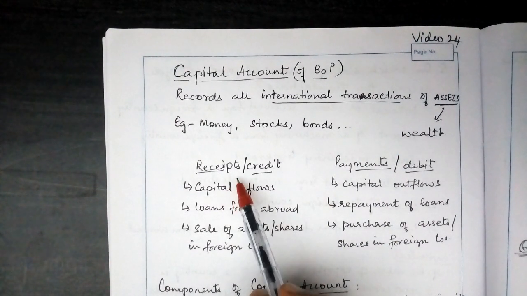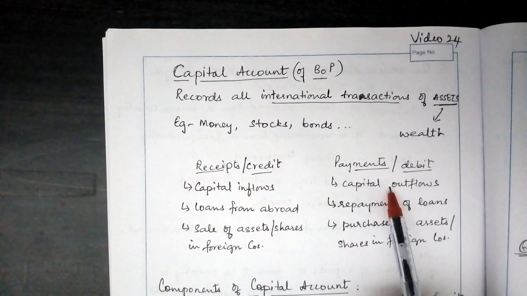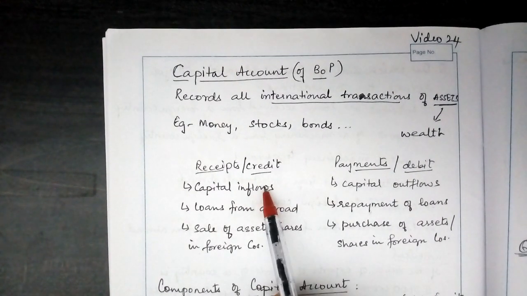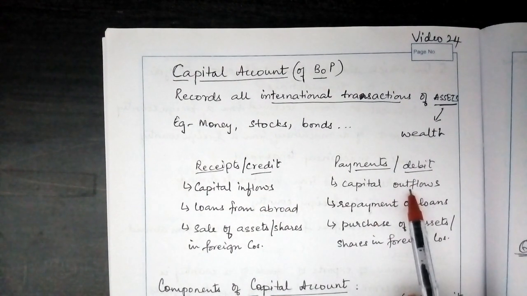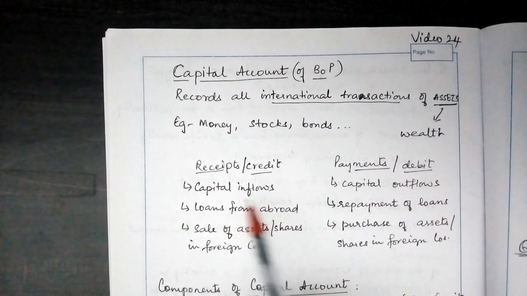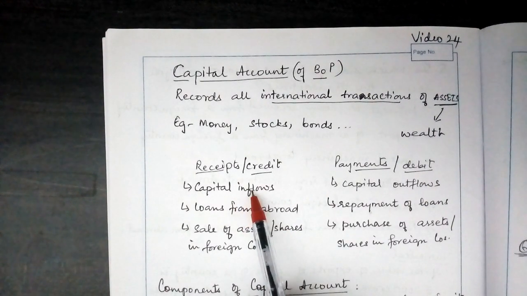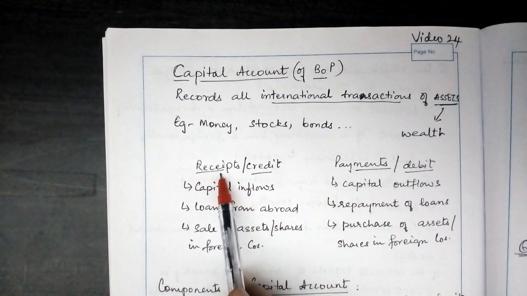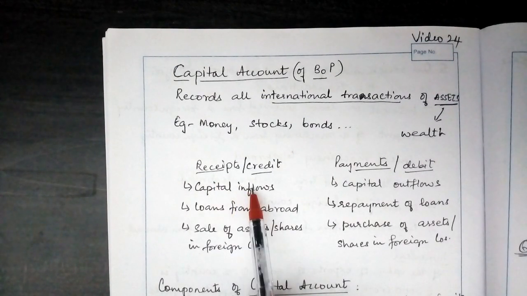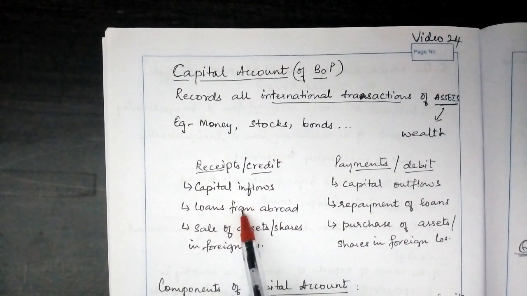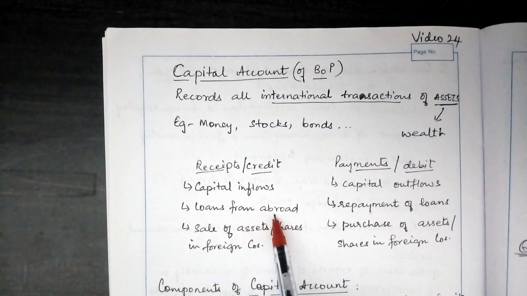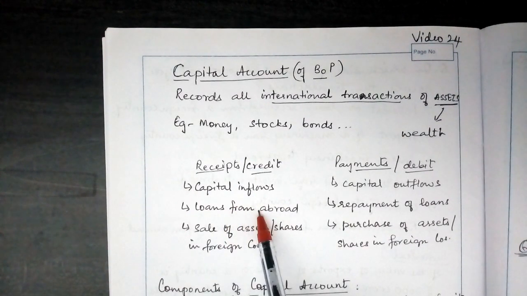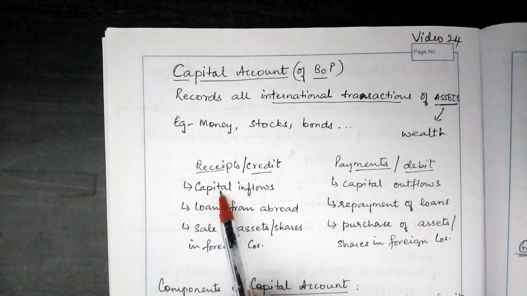Now it also has two columns, one the credit side and the other the debit side. The credit side includes all receipts or capital inflows. These could be loans from abroad. When we take loans from abroad, capital flows in.